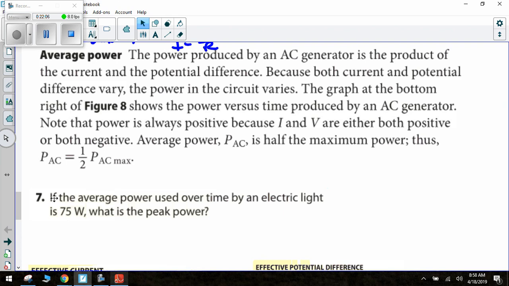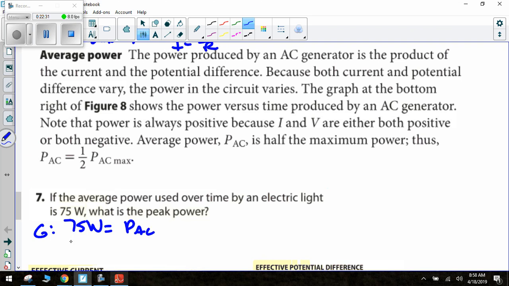So, for instance, in question number 7, which was a homework problem in chapter 25, it says the average power used is 75 watts. What's the peak power? Okay, so this is my given. We got 75 watts. That's going to be the average power. Unknown is PAC max. The equation is right here.